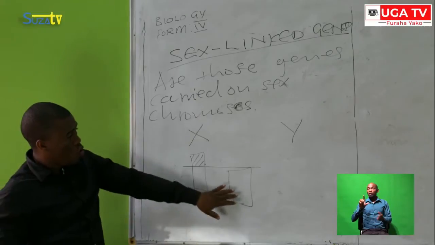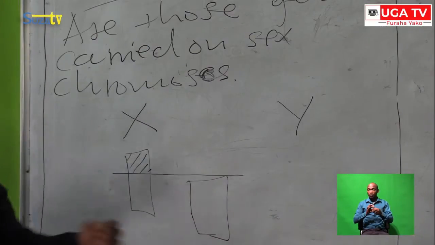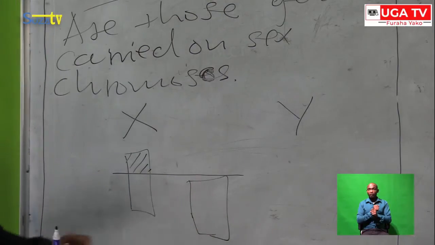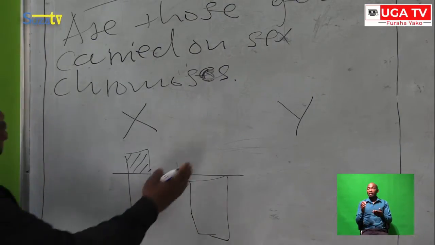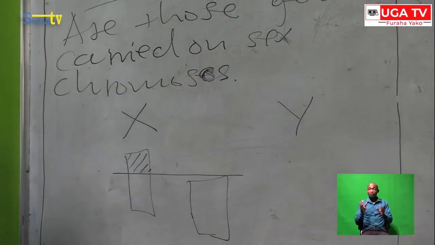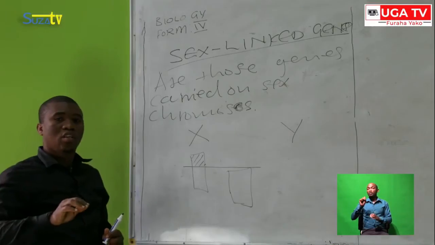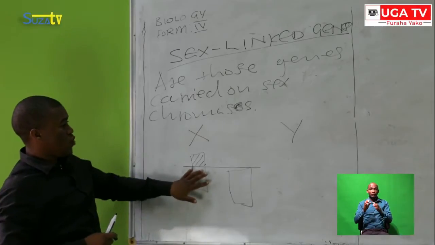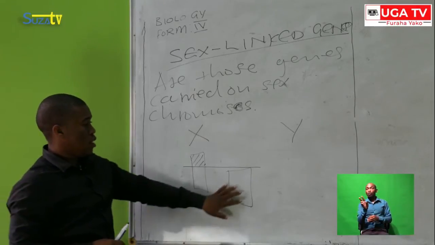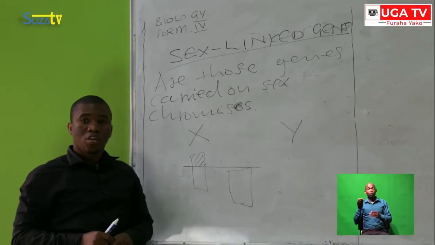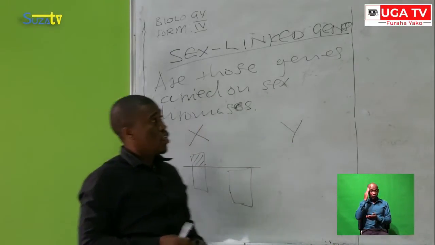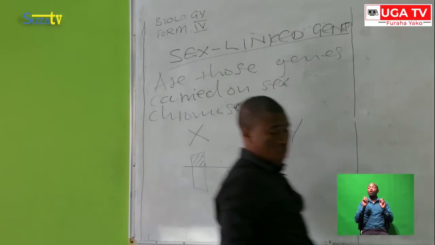While the Y chromosome doesn't have enough space for carrying these genes. That's why sex-linked genes are mostly carried on X chromosomes rather than on a Y chromosome. Are we together, students?